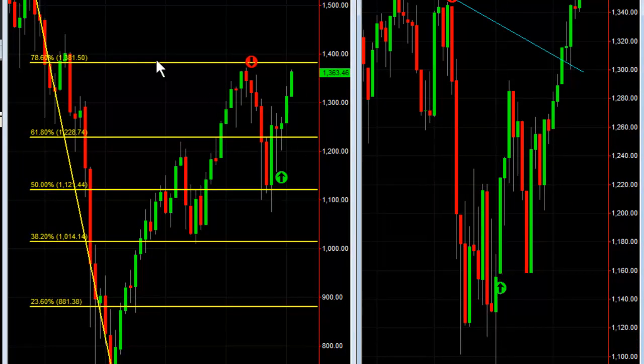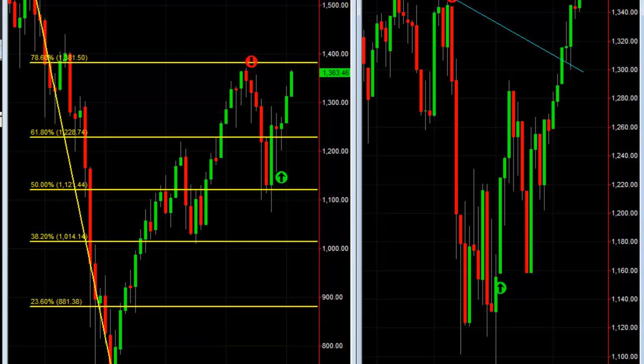Now the macro trend, going back to this chart, the first resistance comes in here, if you want to look at this, at the Fibonacci 78.6% retracement, which will be at approximately 1381.5. So right about in here. So we're very close to this first resistance zone, which basically comes in at the top of the market where it was in 2011, right around the end of July.